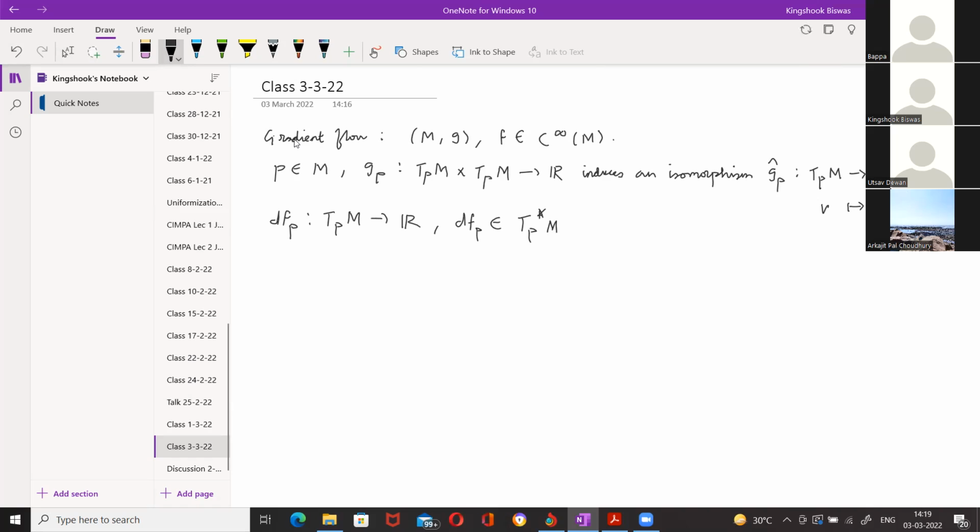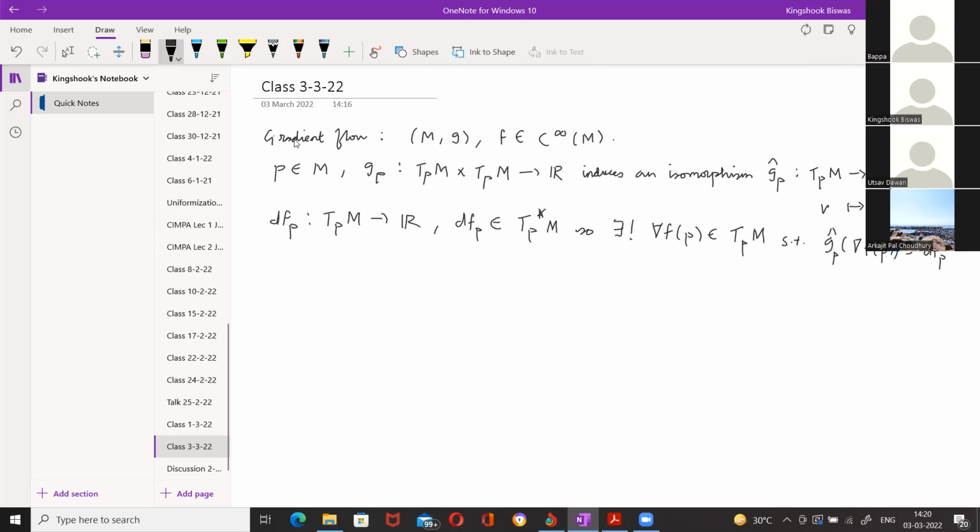Therefore, there exists a unique vector, which I'll call grad f at p, in T_pM such that ĝ_p, this isomorphism, maps the gradient vector grad f to the derivative df at p. Right?